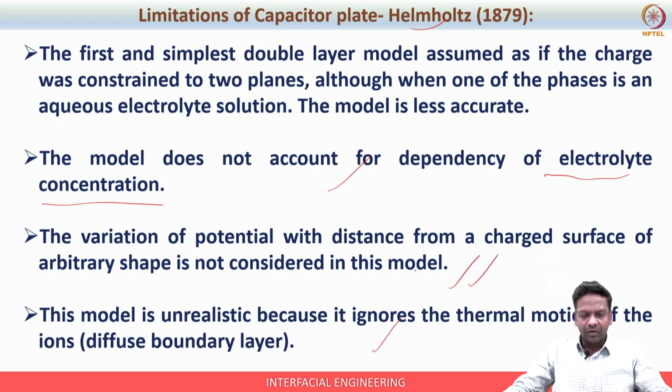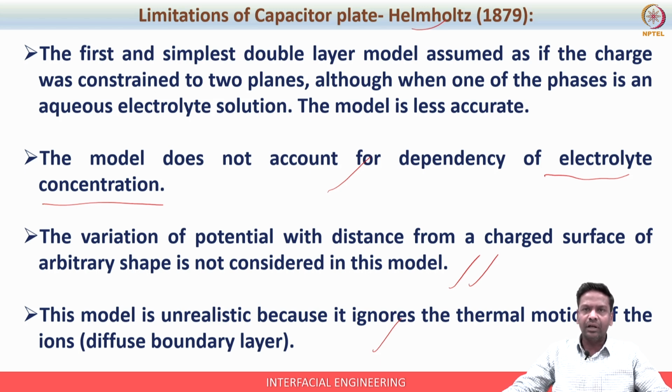The last but not least is that it ignored the thermal motion of the ions. You know that in the solution, due to bombardment of solvent molecules, there will be thermal motion because of the thermal energy, which is nothing but kBT. Because there will be thermal motion, ions will not be distributed in a linear fashion.